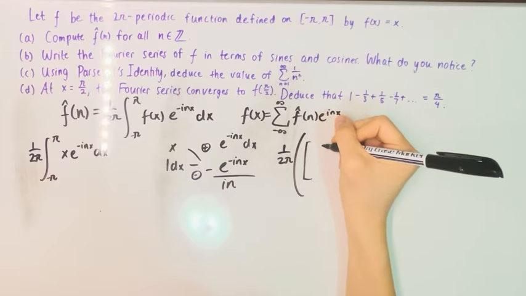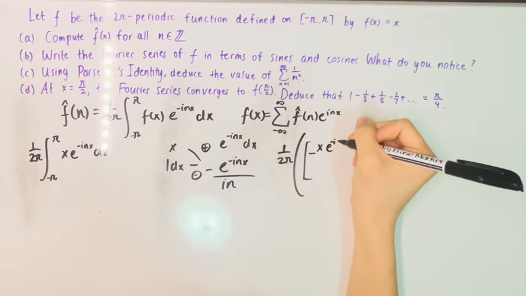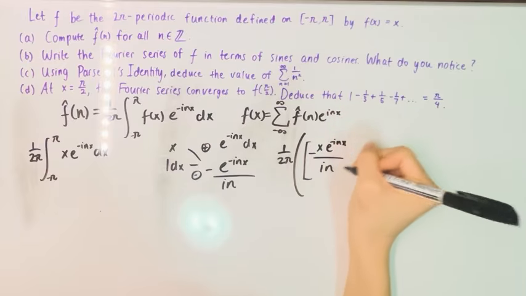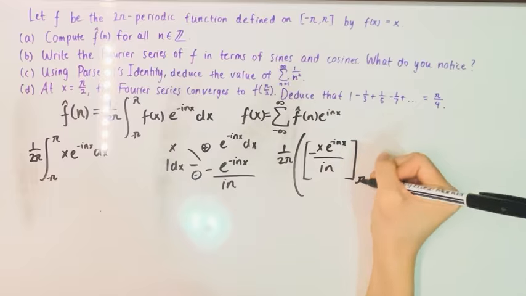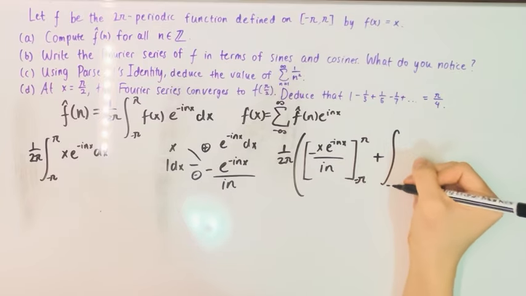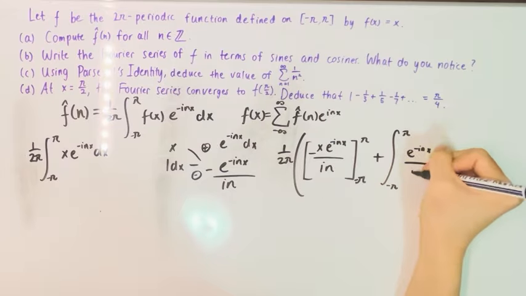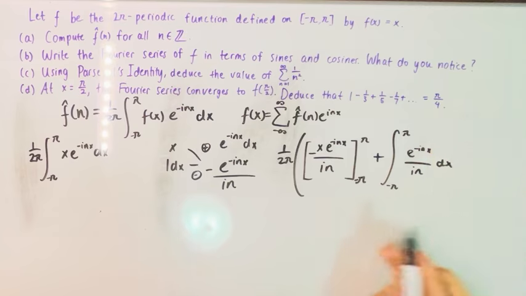from x times negative e to the negative i n x over i n, from negative pi to pi, plus the integral from negative pi to pi of e to the negative i n x over i n dx.